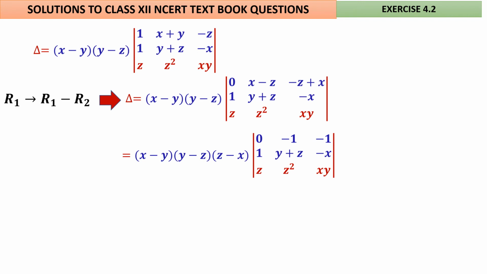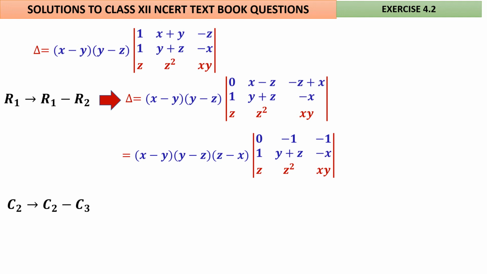Now, this is the expansion which you got by taking z minus x outside. Now, z minus x can be taken outside from the first row. Therefore, x minus z, therefore it is minus 1. Then once again, x minus z, therefore it is minus 1. Well, I have taken z minus x outside because it is given in the question. You can take x minus z outside also. Finally, the minus sign will be adjusted afterwards.